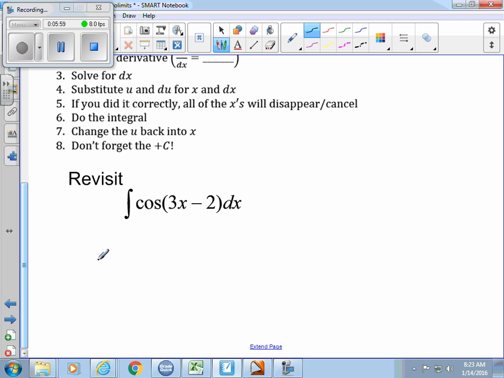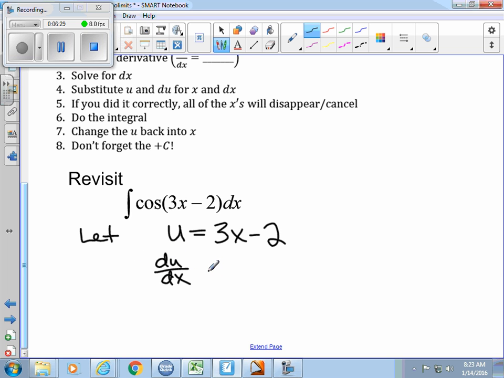The first type of u-substitution occurs when we need a chain rule. What we're going to do is let u be the inside of the function, the piece that's causing the problem. So I'm going to let u equal 3x minus 2. I'm going to find du dx.